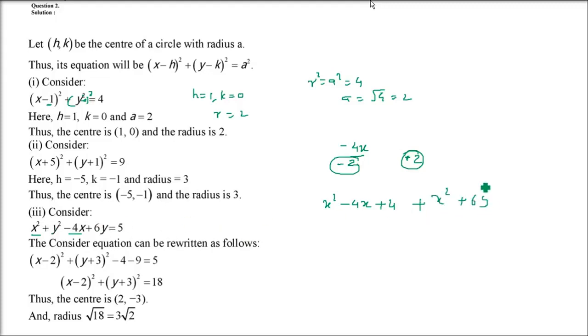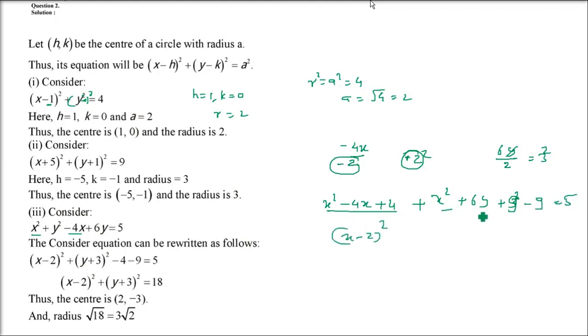Similarly, this y square plus 6y: just divide 6 by 2, what do you get? 3. You just add 3 square and subtract 3 square. So you have 9, and you add 9 and subtract 9 also. Whatever you are adding, you have to subtract also. And on the right hand side, you already have a 5.